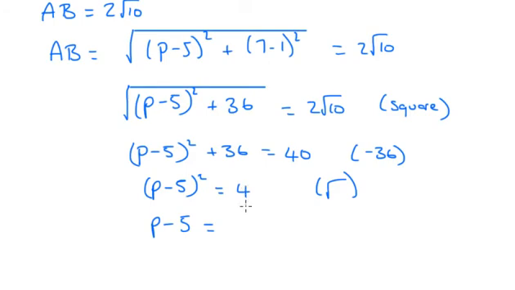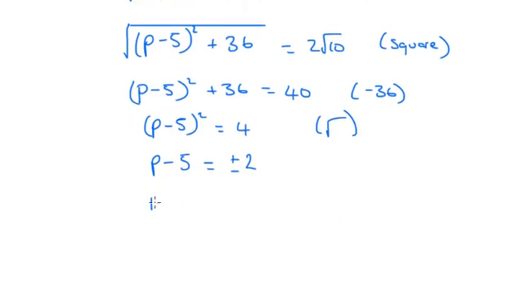And this, if I square root 4, will be plus or minus 2. That's where we get our two answers from. And finally, if we add on the 5, that will give me 5 plus or minus 2. So P is either 5 plus 2, which is 7, or 5 minus 2, which is 3. So those are your two possible answers, 3 or 7.